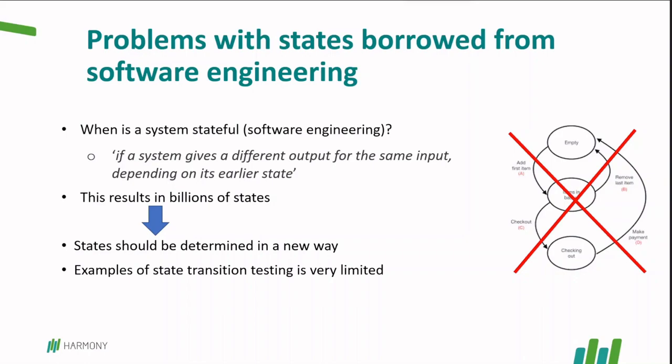Anyway, if you try to find examples for state transition testing, that is obviously content state, then you will find only 3 or 4 examples. The first is the ATM authentication, the second is switching on and off lamps, and the third is calendar and clock settings.